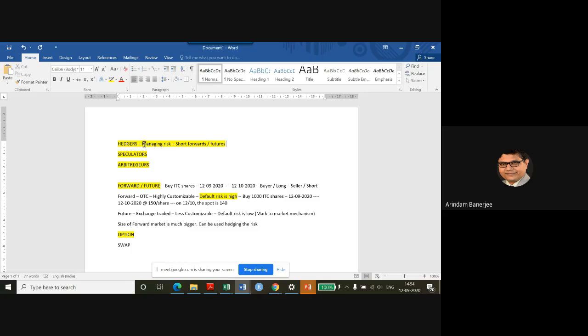For example, if Tata Steel feels that the price of finished steel may come down in the next 1 year, it can sell a forward of finished steel so that the selling price becomes fixed. So it can manage the price risk.